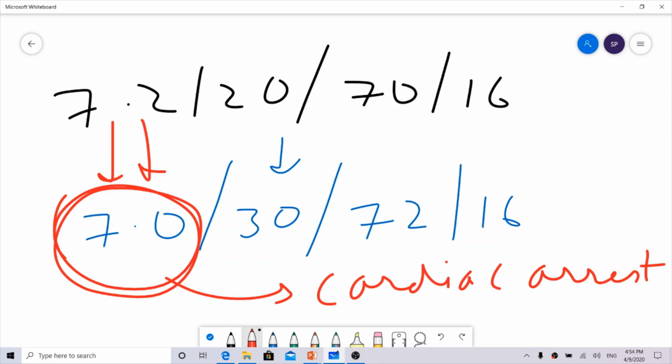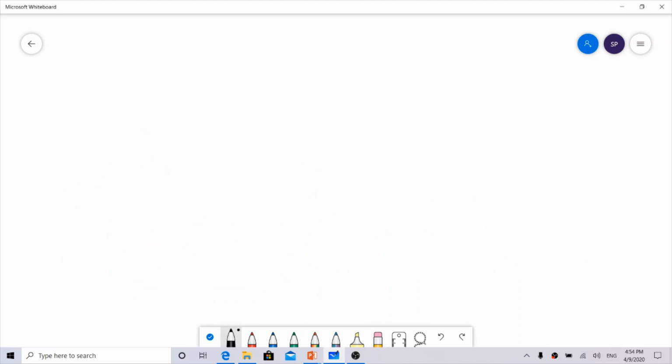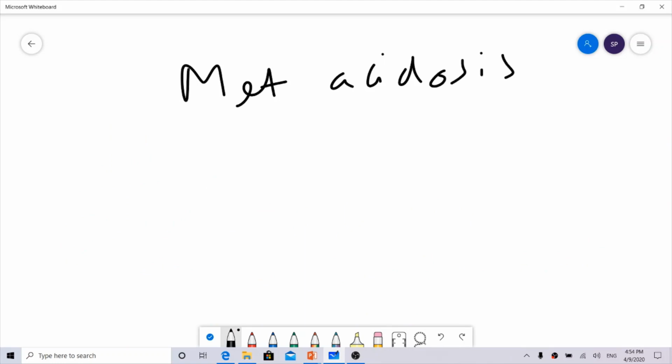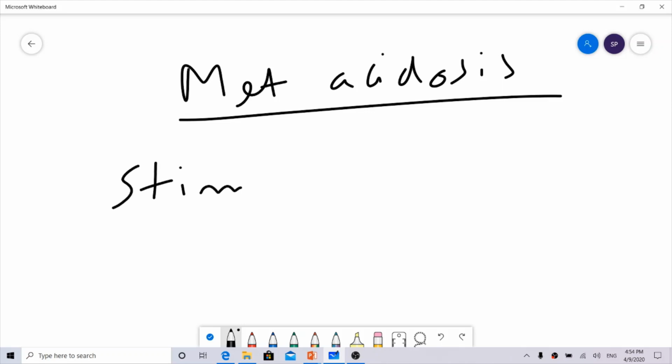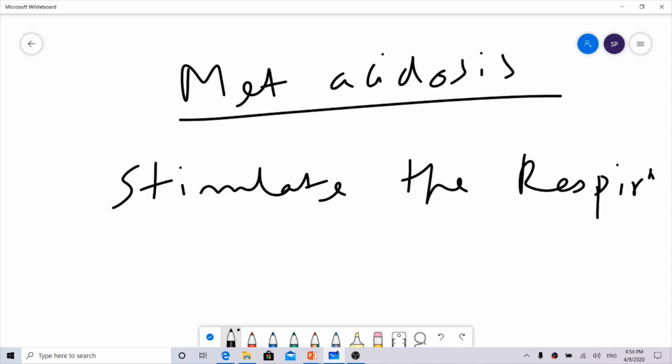So all in all, what I want to say is, in a patient of metabolic acidosis, apart from the fluids and bicarbs which you will be giving, when you initially intubate this patient, stimulate the same respiration the patient was having when the patient came to ER, before intubation.